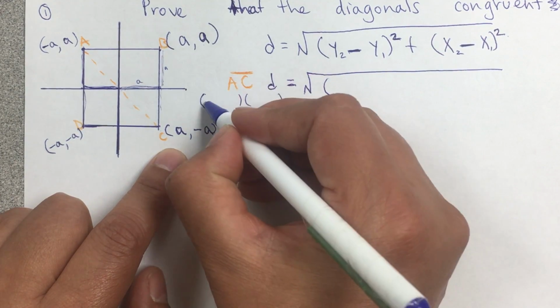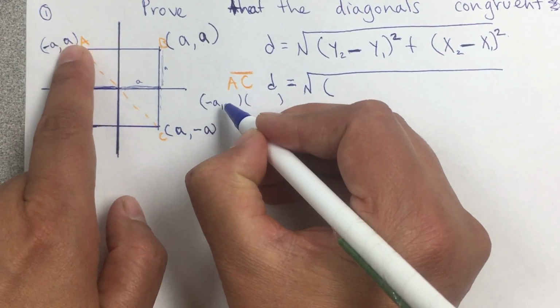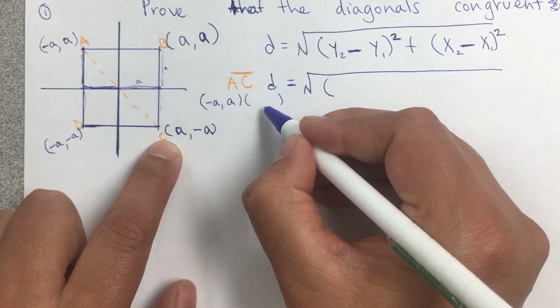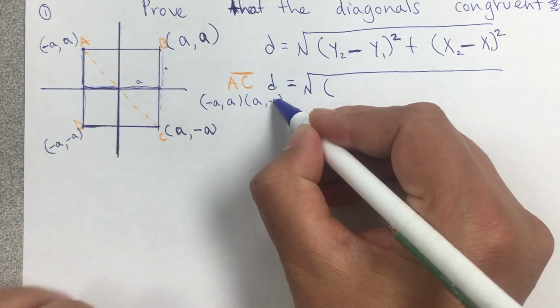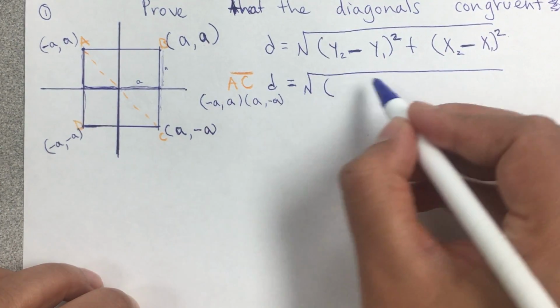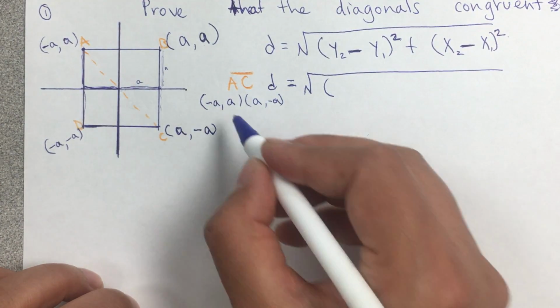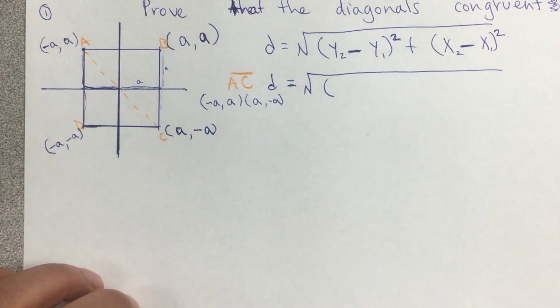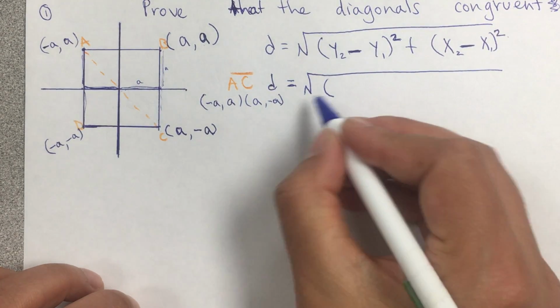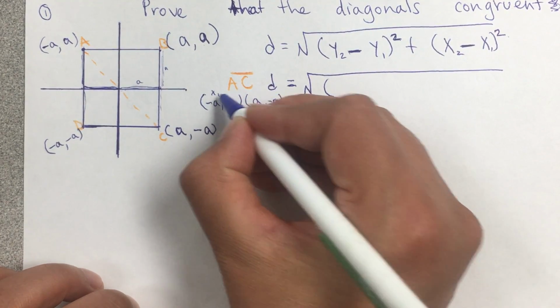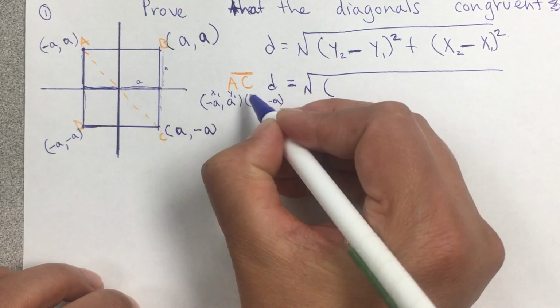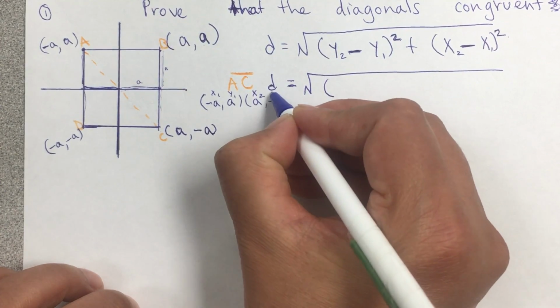For point A it is negative A, positive A. For point C it is positive A, negative A. And then we can start plotting. So now we can substitute the values of these as x1, y1, x2, y2.